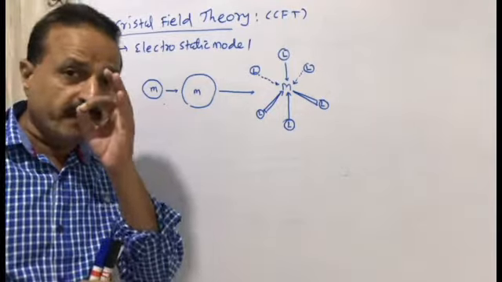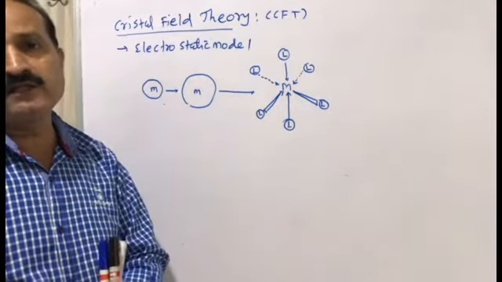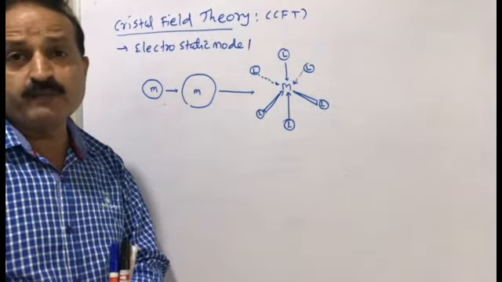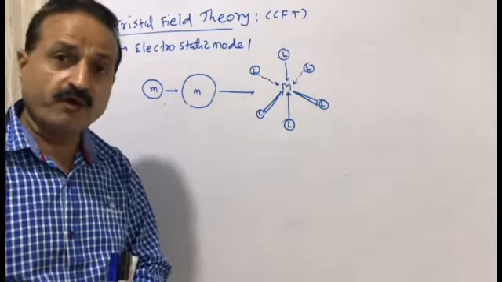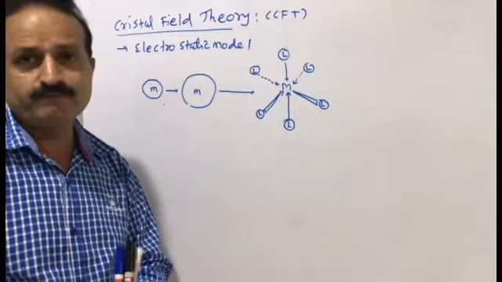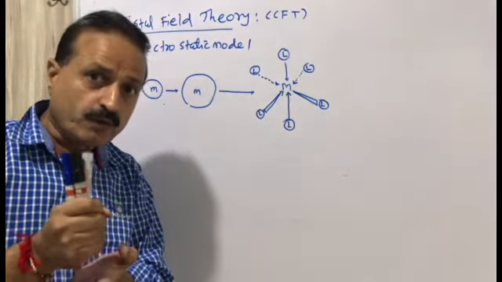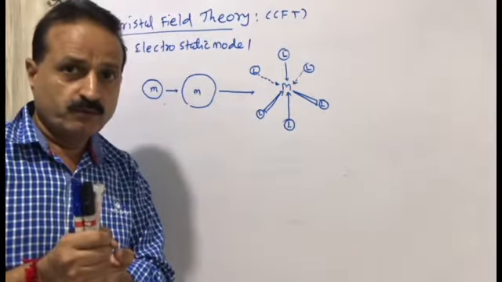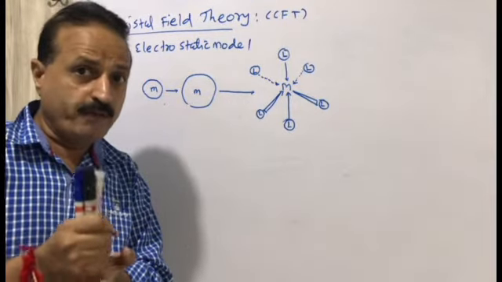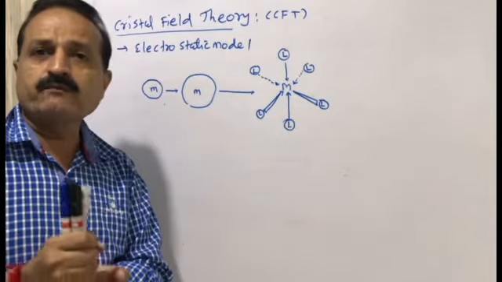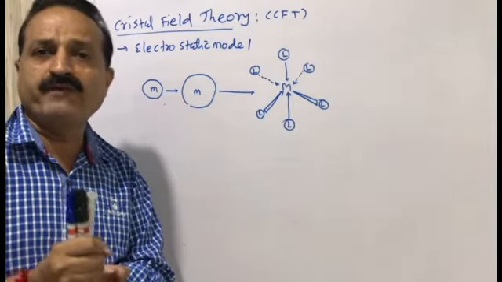When ligands are arranged surrounding the metal, what does d orbital splitting mean? According to crystal field theory, it means the ligand plays an important role in the splitting of d orbitals. It means the ligand is forming an ionic bond with the metal.